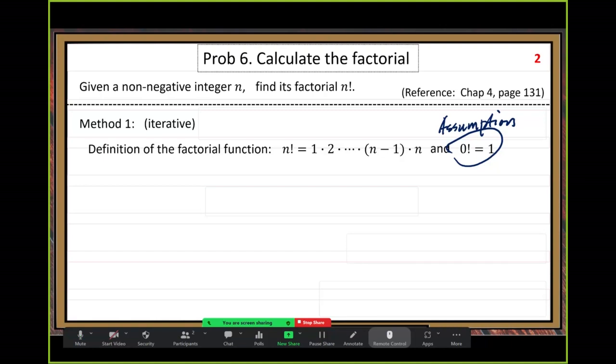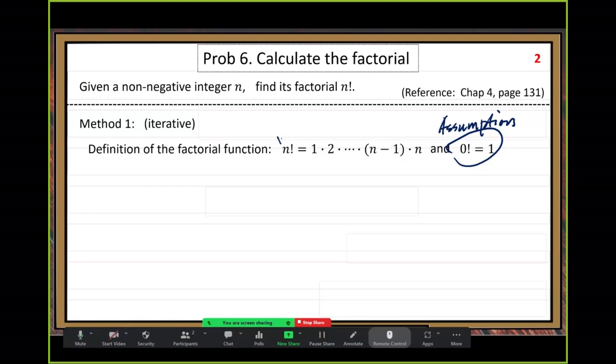But here is another important thing. When we make an assumption like this, we cannot make a random, arbitrary assumption. We have to make an assumption that is compatible with the whole definition of n factorial.